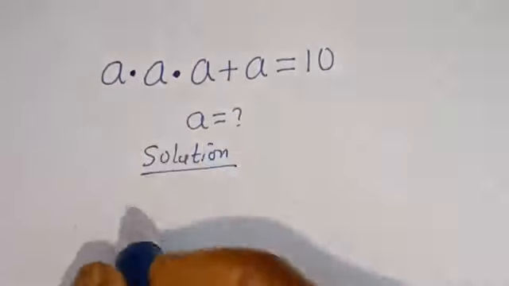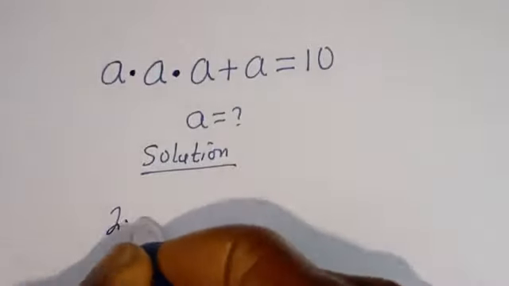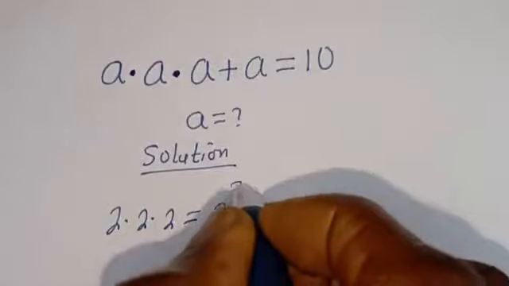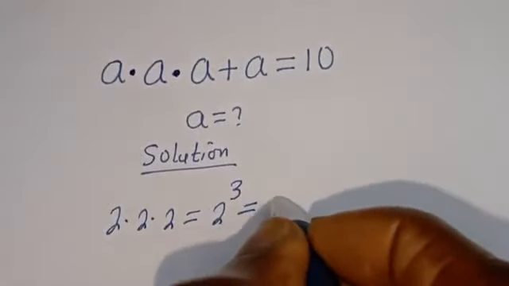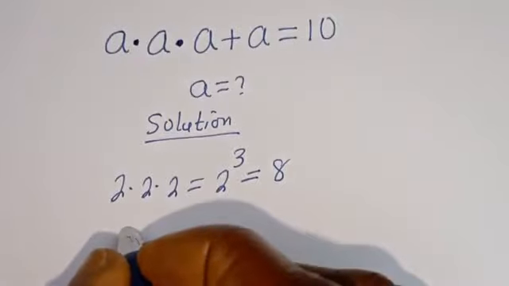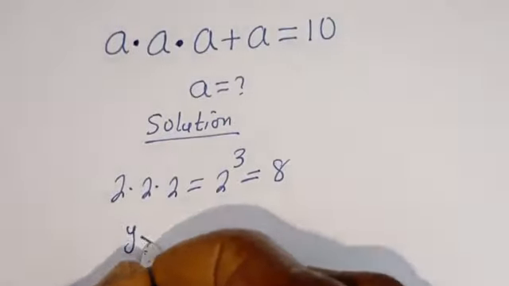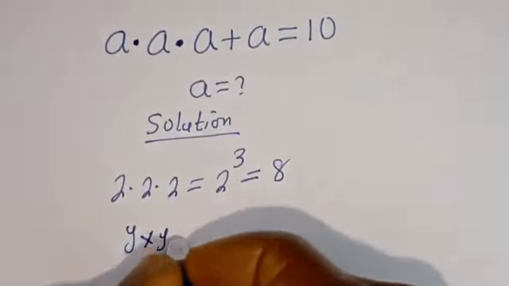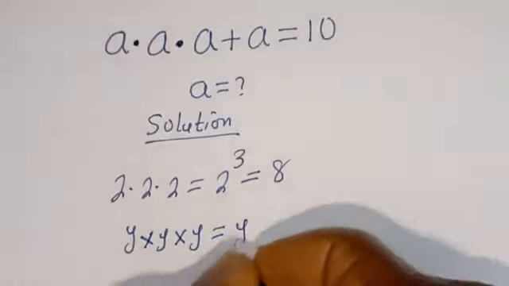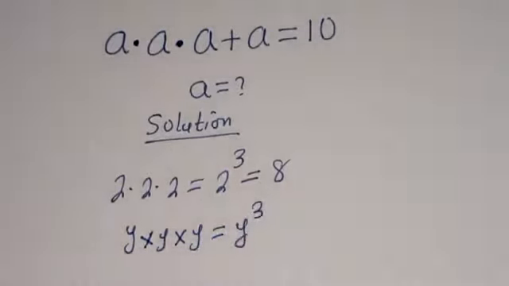Take note of this, that if you have 2 multiplied by 2 multiplied by 2, this is equal to 2 to the power of 3, which is equal to 8. Then if you have y multiplied by y multiplied by y, this is equal to y to the power of 3.